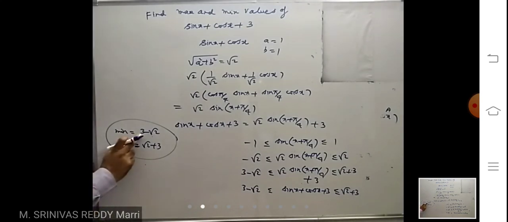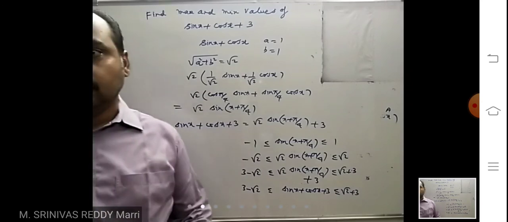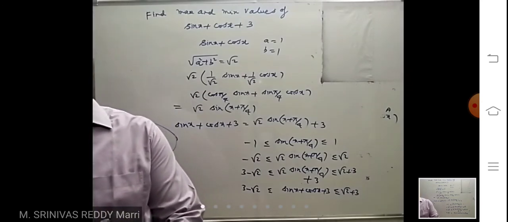But the minimum value we got is 3 minus 1.414.